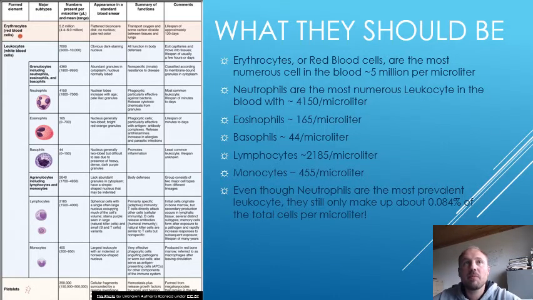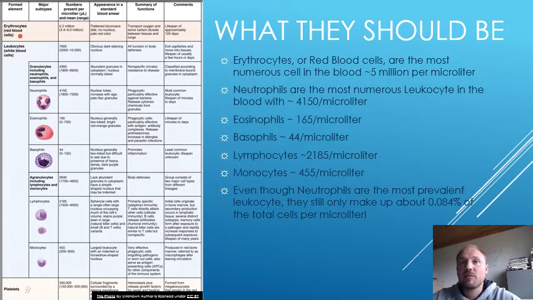So we've counted them up, and now we've got to see what those numbers mean. So first we need something to compare them to. So here is a list of what normally is found in the blood. You can see that the erythrocytes, or red blood cells, per every microliter, there are approximately 5 million. When it comes to our leukocytes, neutrophils are the main leukocyte that we're going to find, and there are approximately 4,150 of those per microliter.